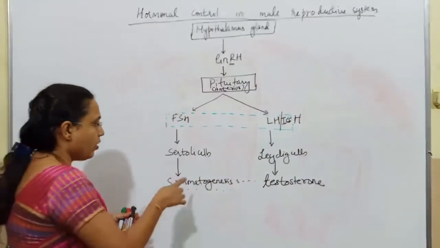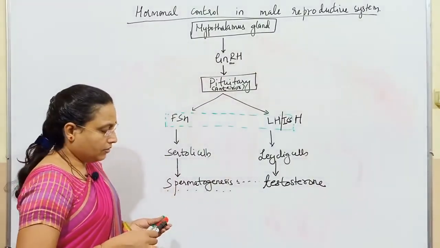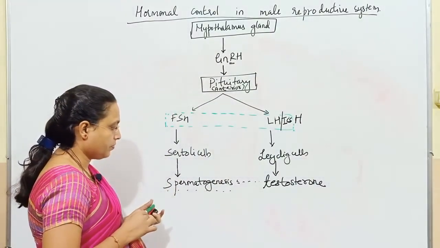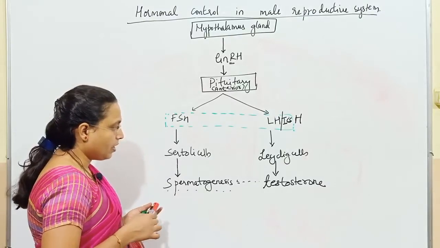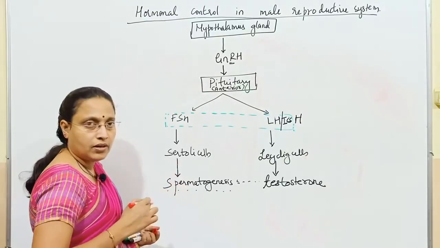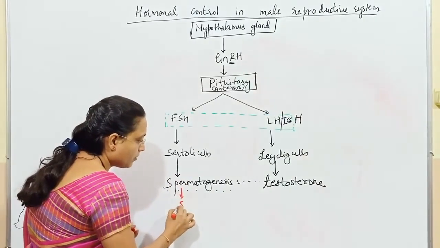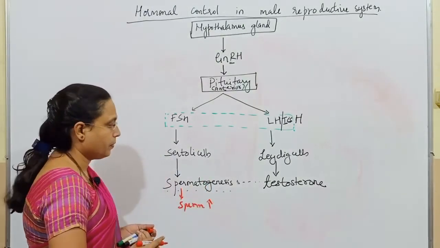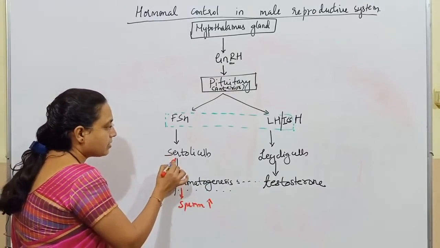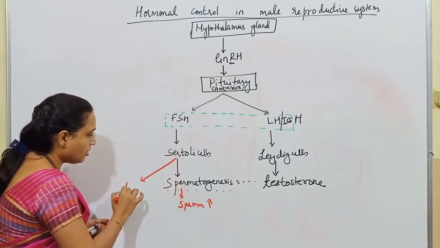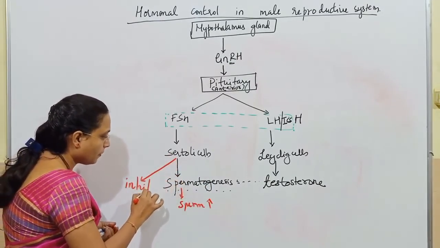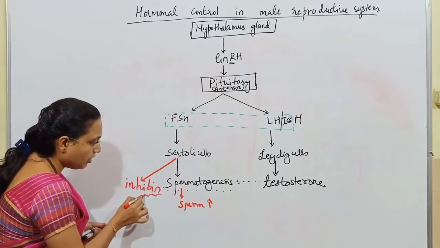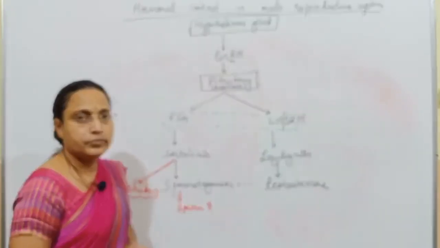Now, when enough sperms are there, because the sperm concentration has become enough, the Sertoli cells will start releasing a hormone called inhibin.